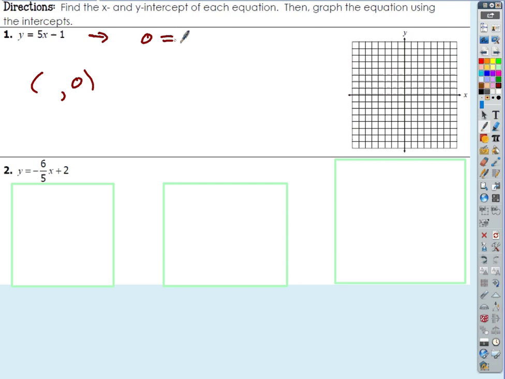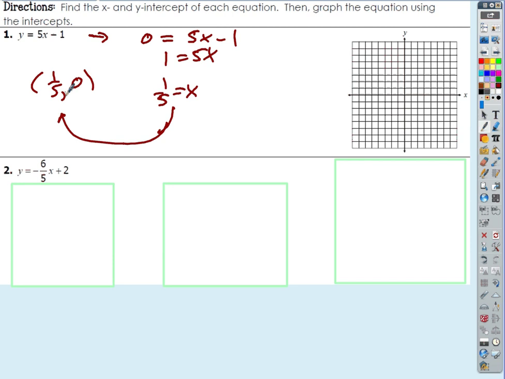So I get the equation 0 equals 5x minus 1. If I want to know where the x-intercept is, I set y equal to 0, and I get the answer through algebra. What are the 2 steps to isolate x? Add one. Divide by 5. So when y is 0, x has to be 1/5.